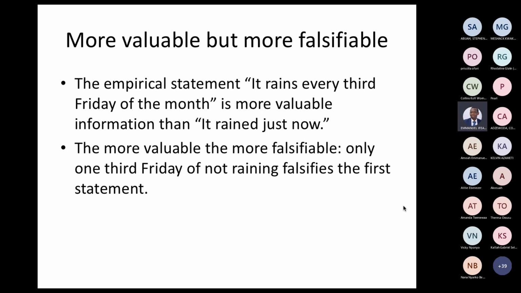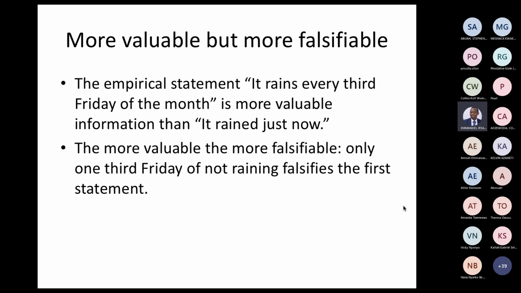So the value of the information depends on what you can use it to do. You can decide that every fourth Friday of the month, you are not going to step out of your house. So you can calculate the value of that information by how much it helped you to achieve or how many changes it helped you to effect.